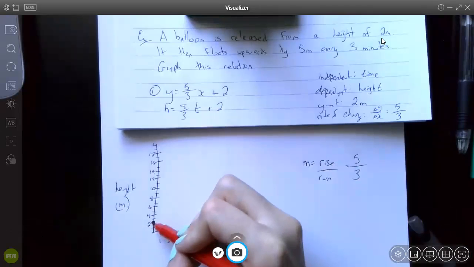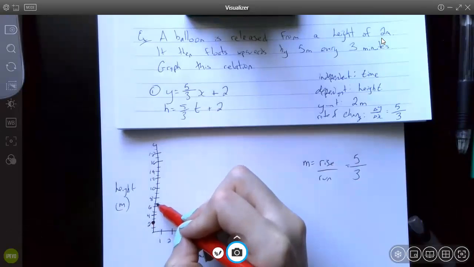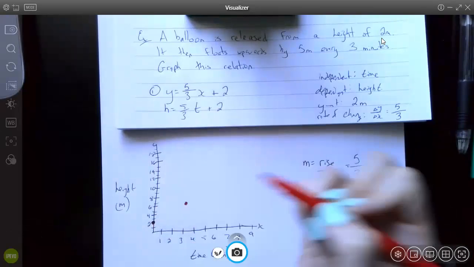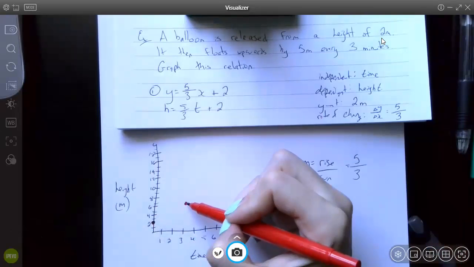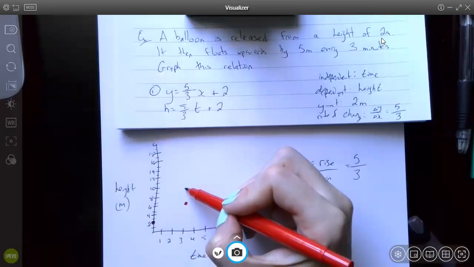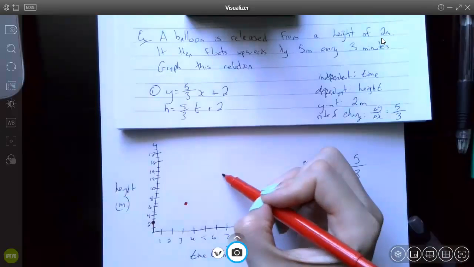So 1, 2, 3, 4, up 5 and over 1, 2, 3 will bring me to roughly there. And then from that point, I'm going to go up 1, 2, 3, 4, 5 and over 3.